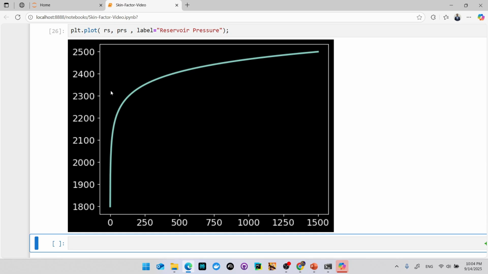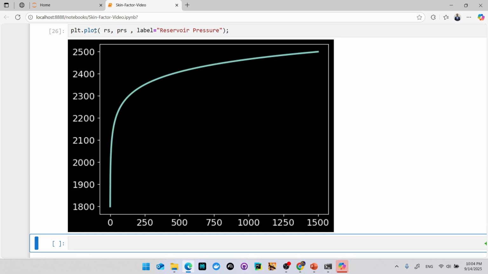Some people will misinterpret this plot, expecting that the pressure drop here, which seems to be large, is due to the skin factor. Here we didn't introduce any skin factor. We are working with the ideal system behavior.